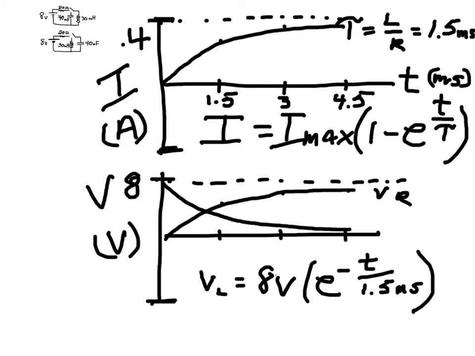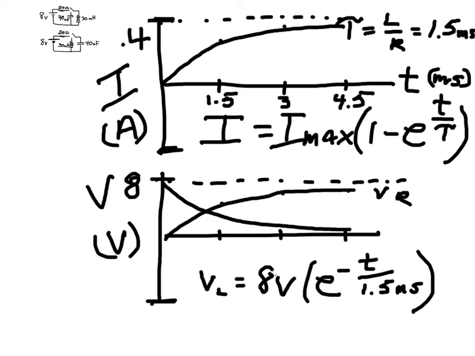So at any point, here it's 0 and 8, here these two numbers would add to 8, and at any point, if we add those two voltages, they add to 8. So that will be equal and opposite to the 8 volts on the battery, meaning that the sum of the voltages around the loop are 0. That's Kirchhoff's law.